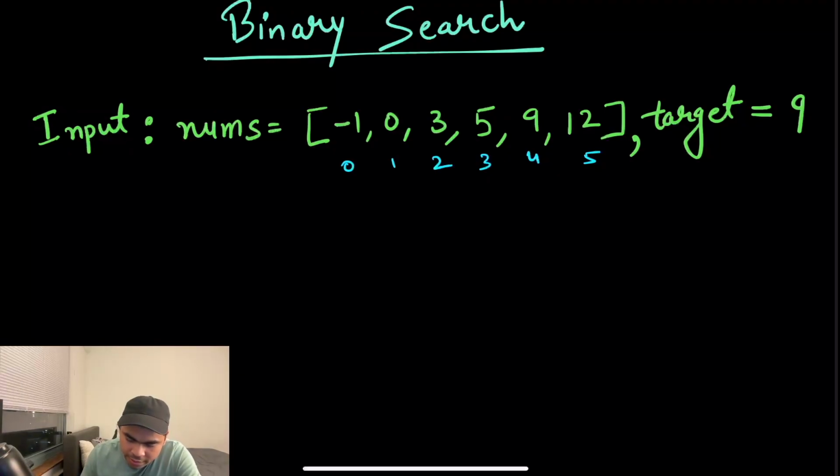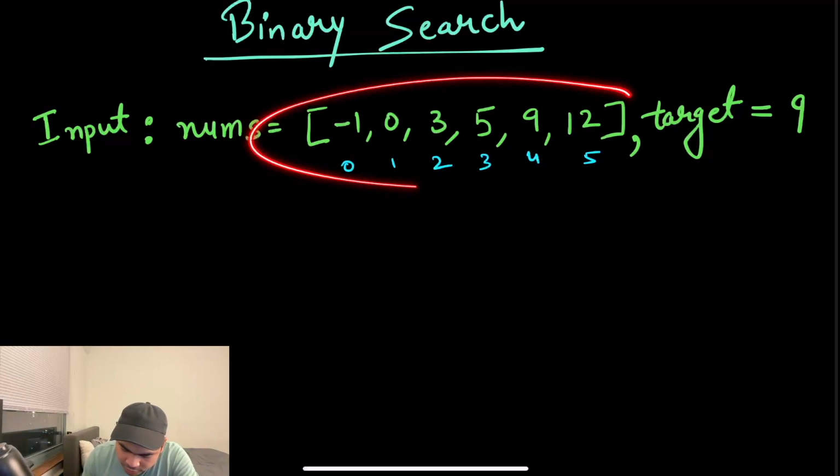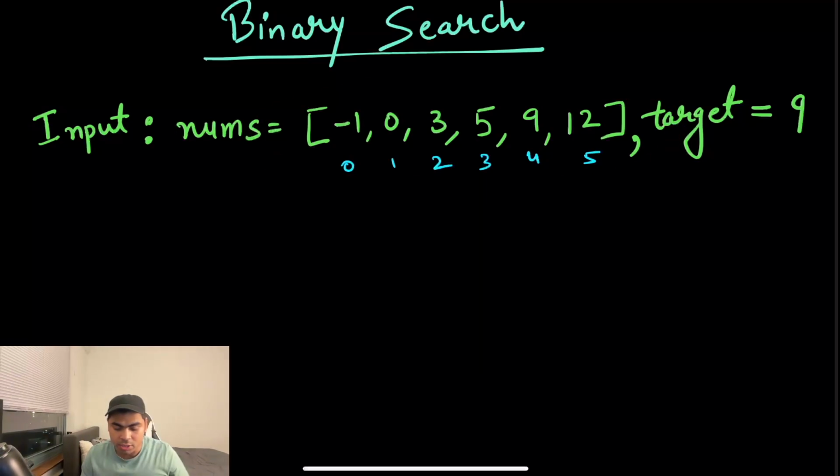Since the array elements are sorted in order, we're going to use that property to bring down our search range. Right now we have this entire range of the array that we want to search one by one.